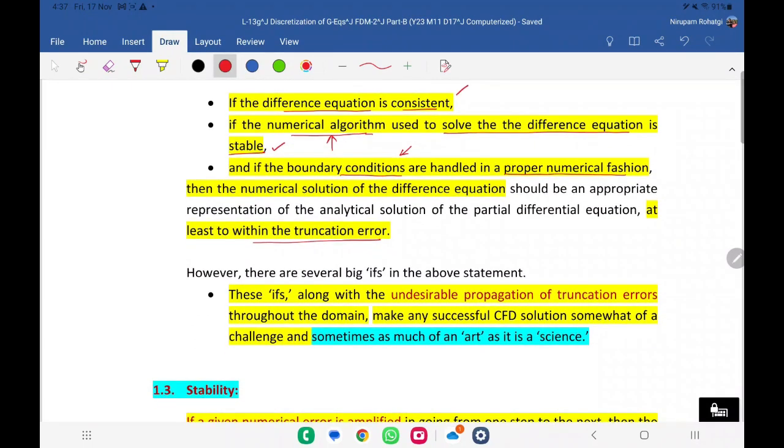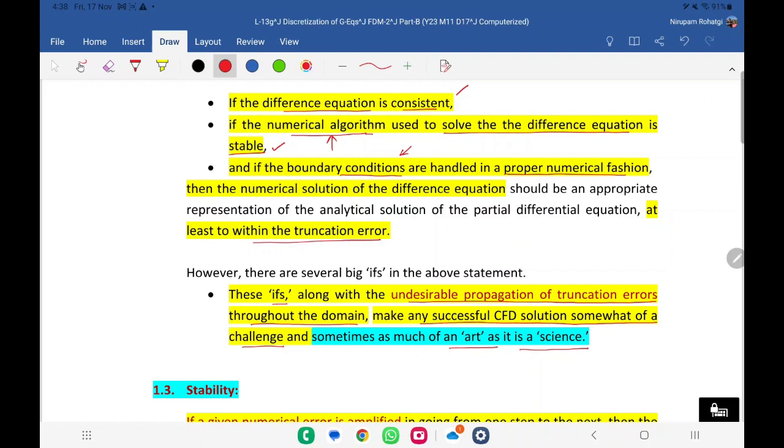So these are the three conditions. However, there are several big ifs in the above system. These ifs, along with undesirable propagation of truncation error throughout the domain, make any successful CFD solution somewhat a challenge and sometimes an art more than a science, right? So what you are basically doing, as far as the finite difference equation, writing that, till that point it is okay.